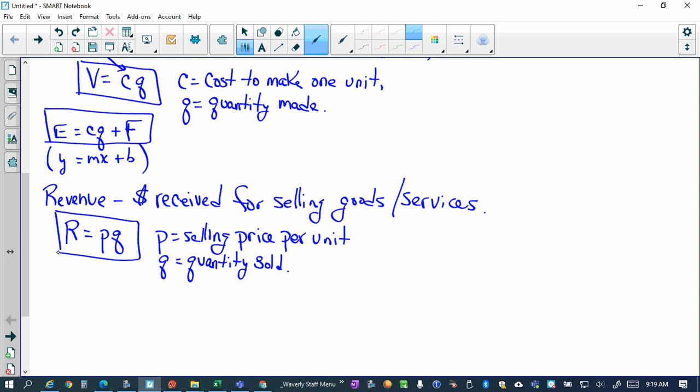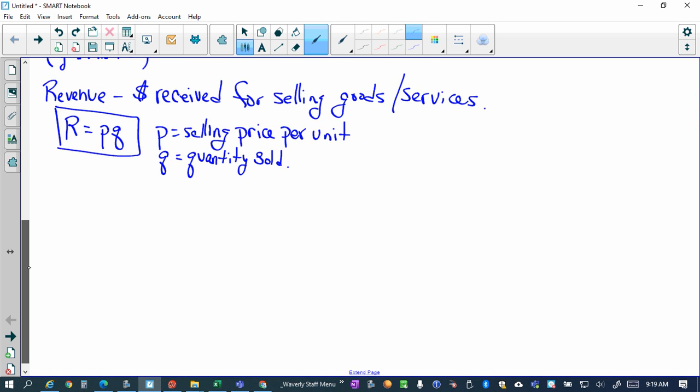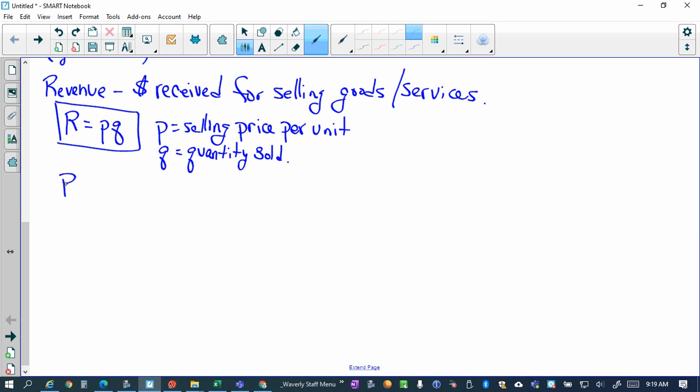So that's revenue, that's expenses. What's profit, guys? Well, revenue is the money made. What's the difference between that and profit? That's revenue. Yeah, you keep it.